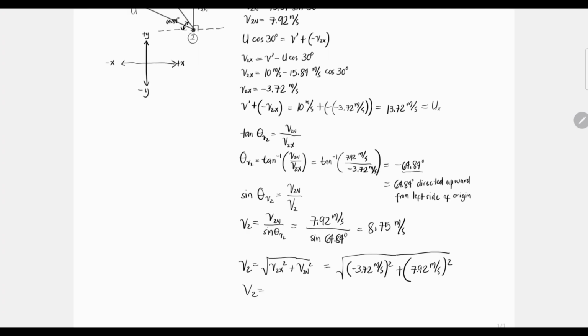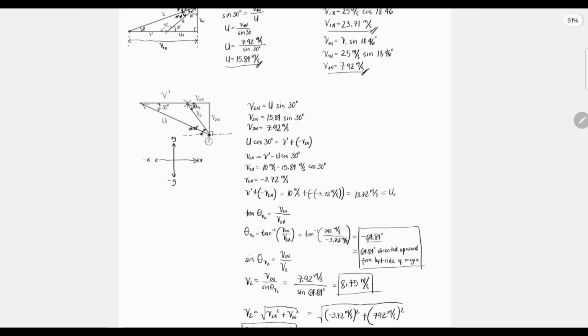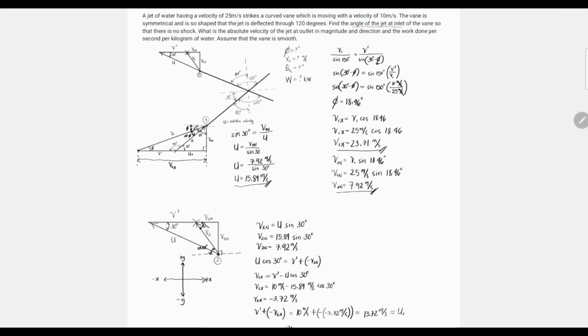The value of our V2 is also 8.75 meters per second. So this is the value of V2, and this is its direction in terms of our angle of V2. So we now have the answer for this one: the angle of the jet of water at inlet. For V2 we have it, and the angle of V2 we have it too.